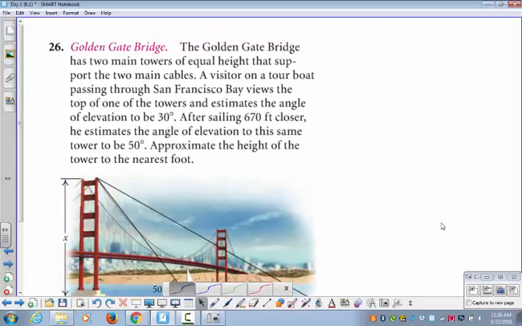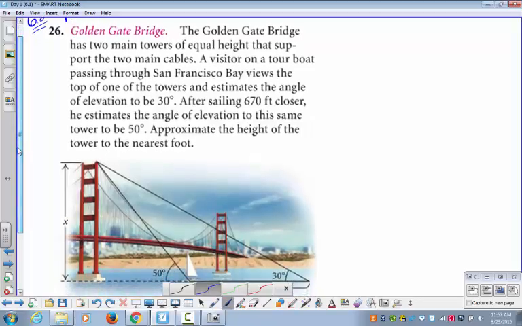What page is this on? 507. 507, 6-2. A little bit of a refresher before we get into 6-2 in earnest. Page 507. All right. So, Golden Gate Bridge has towers of equal height, and so on.